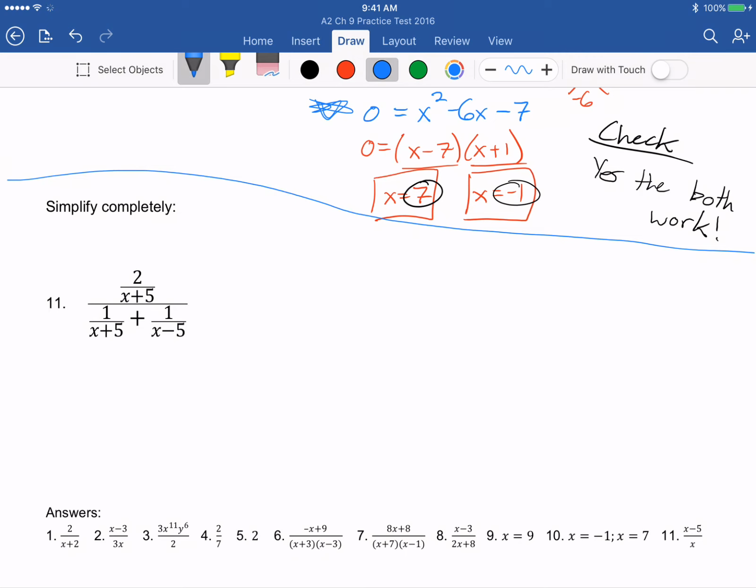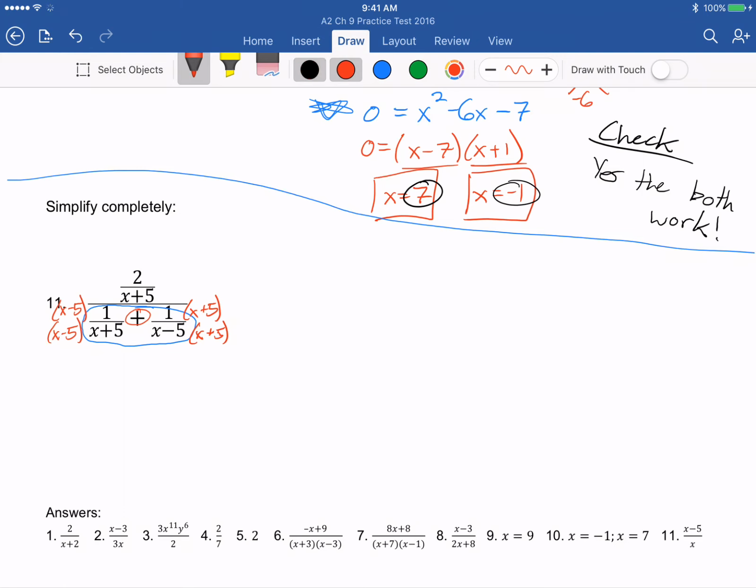In number 11, it's got a couple different things. You actually have to add these guys together first. So here I'm going to tack on the x minus 5 to this guy and the x minus 5 because I'm going to get those least common denominators to add. So now I have x plus 5 over here, and I have x plus 5 on the top.